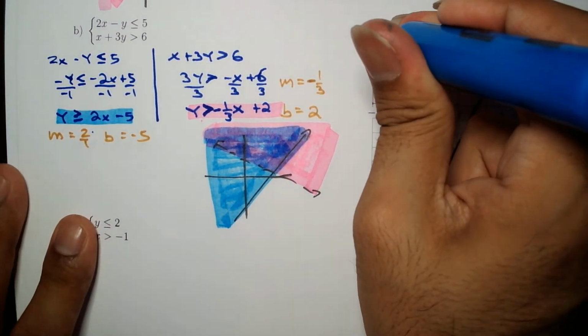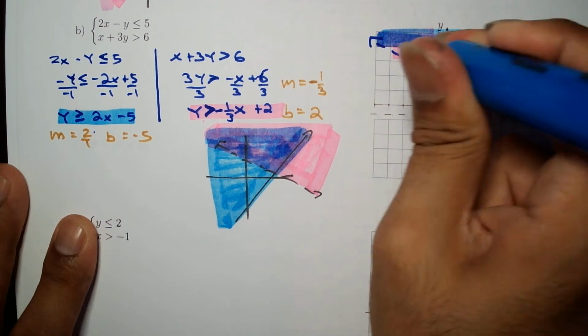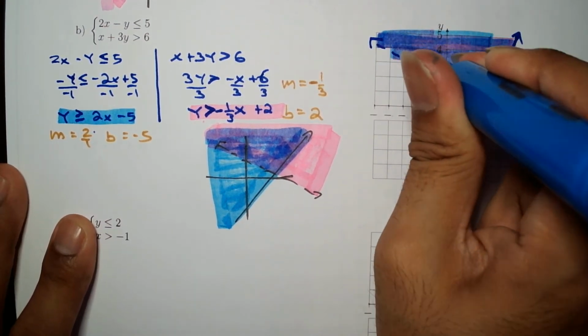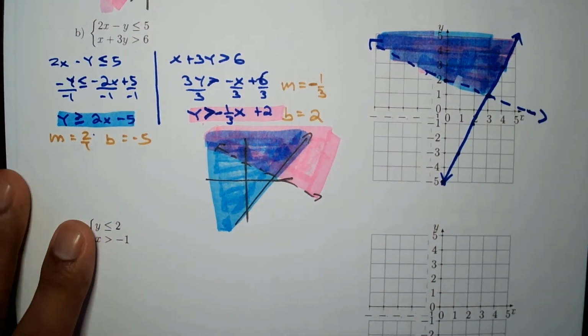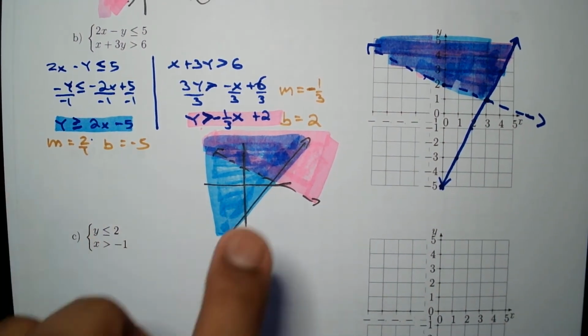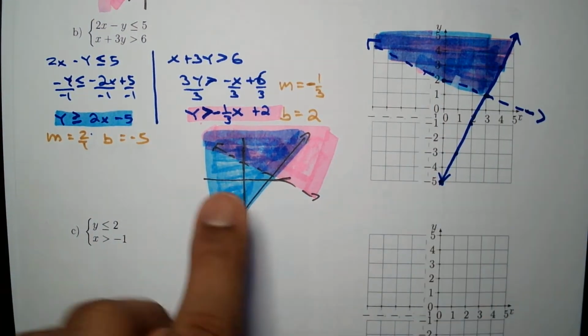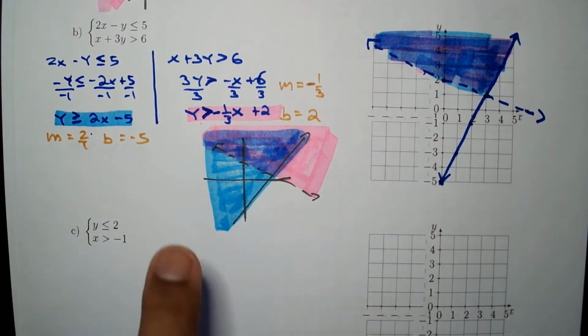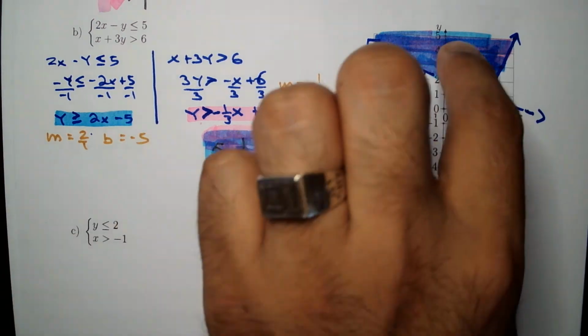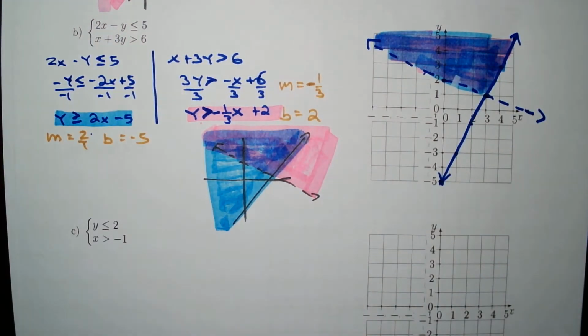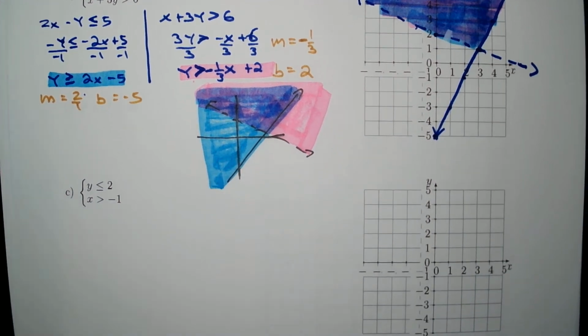Let's shade with purple. The overlap of these two. Again, the combination between blue and pink is purple. We're looking for the purple region in this case. All right, let's do another one.